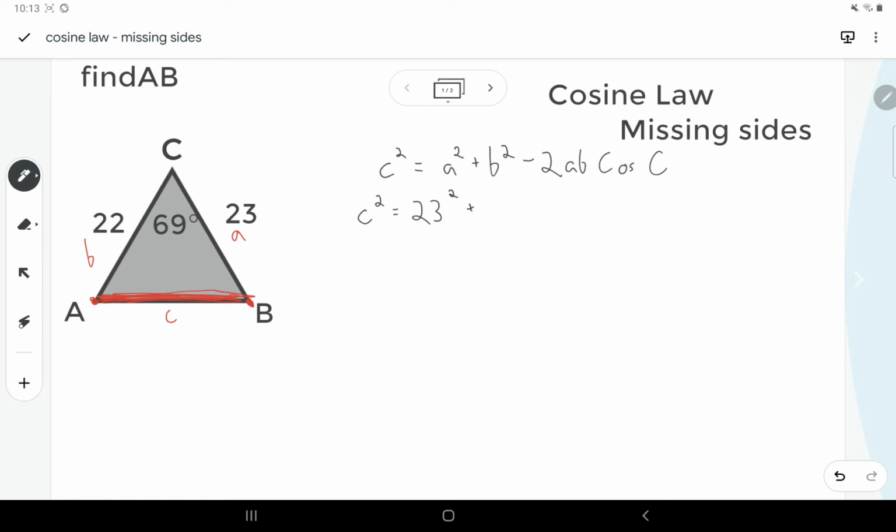Then we add b, which was 22, so we have 22, again squared, minus 2 times a, which is again 23, times b, which is again 22. And then cos, remember we keep the cosine here, and then C is 69 degrees.